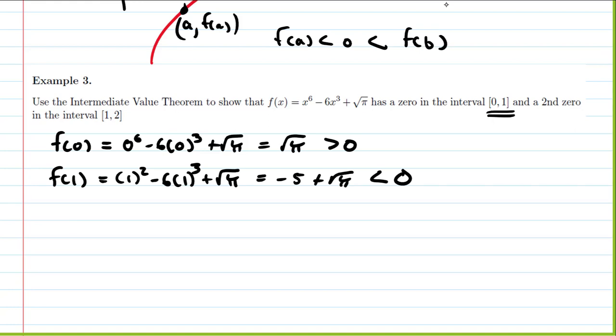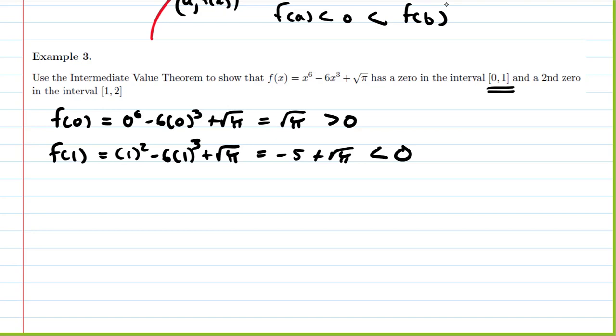So then this tells us that f of 1 is less than 0 and f of 0 is bigger than 0. So we have f of 0 is bigger than 0 is bigger than f of 1. So this is positive. This is negative.